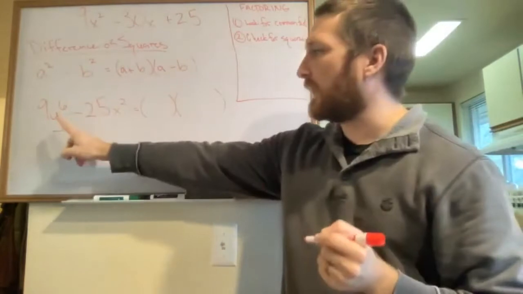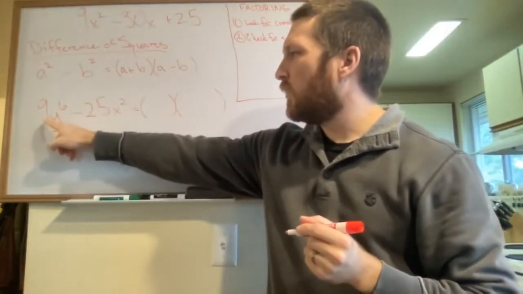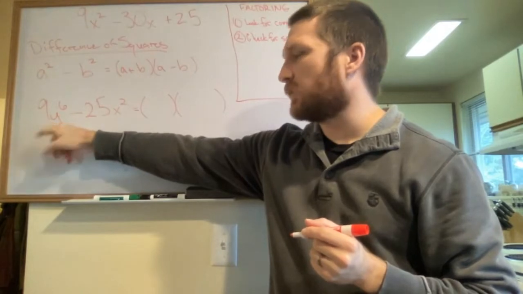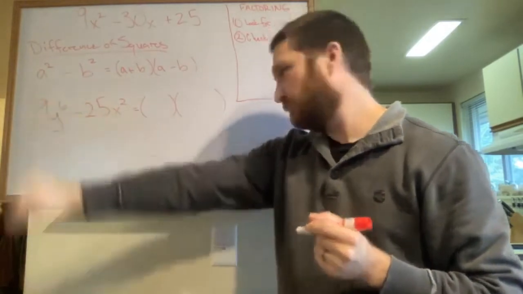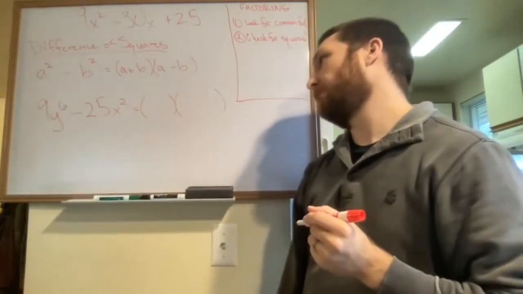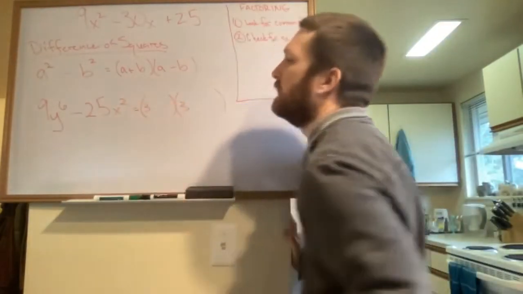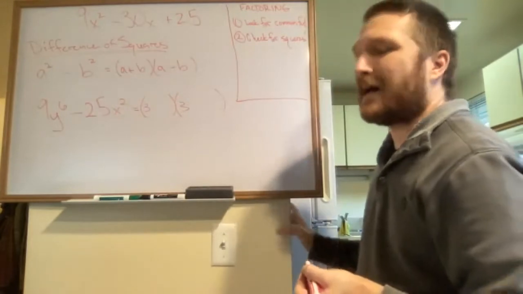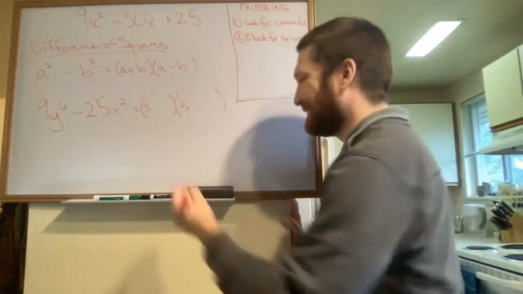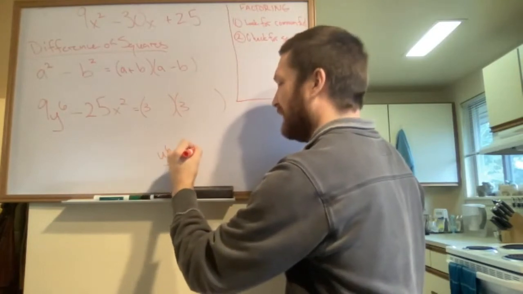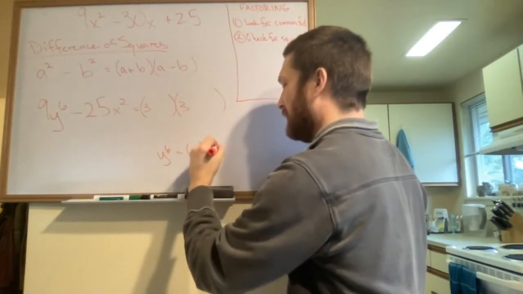And so I'm thinking, what is that 9 going to go down to? In other words, what's the square root of 9? 3. And so we're going to have a 3. And then what about the y? Y.